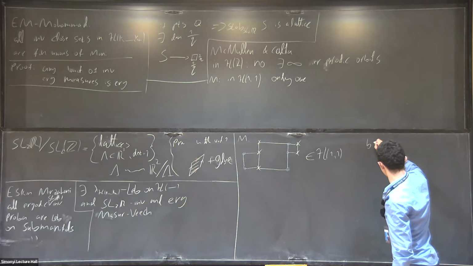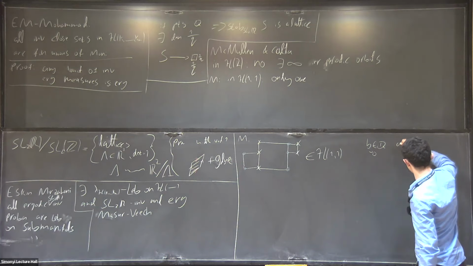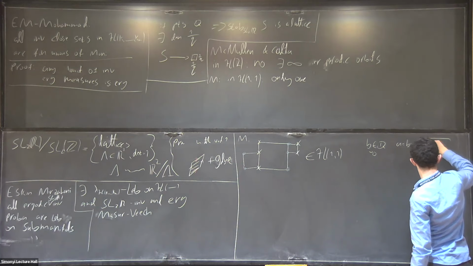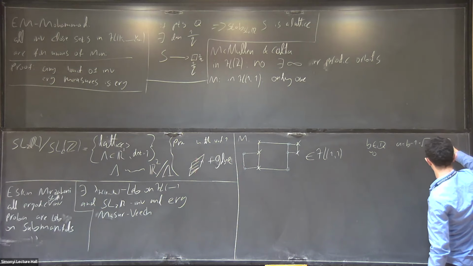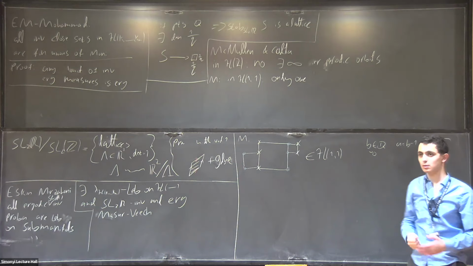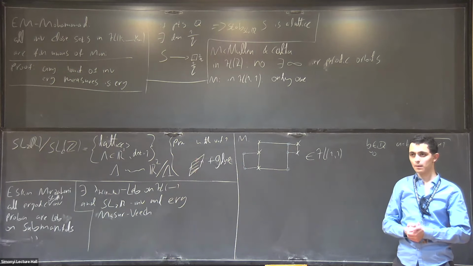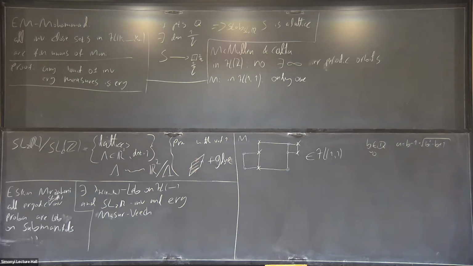Suppose B is a rational number greater than 0, and A equals B minus 1 plus the square root of B squared minus B. By the way, in the other case, the ones coming from subgroups of SL2Z, they are mostly non-congruence.